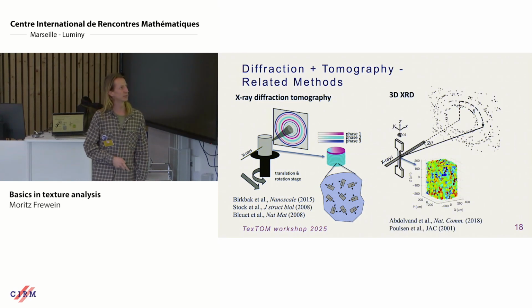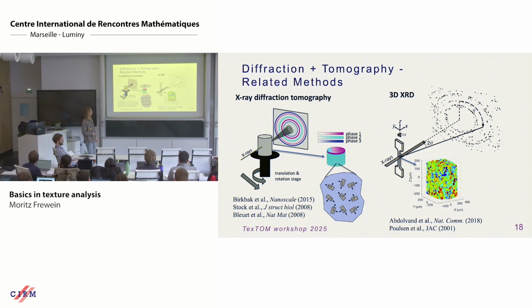In the other extreme, which would be 3D XRD, we have a sample with large grains compared to the size of the X-ray beam. So on the path of our X-rays, there are only a few crystals, and we will get a very spotty diffraction pattern, and we can attribute each spot to a certain crystal orientation.